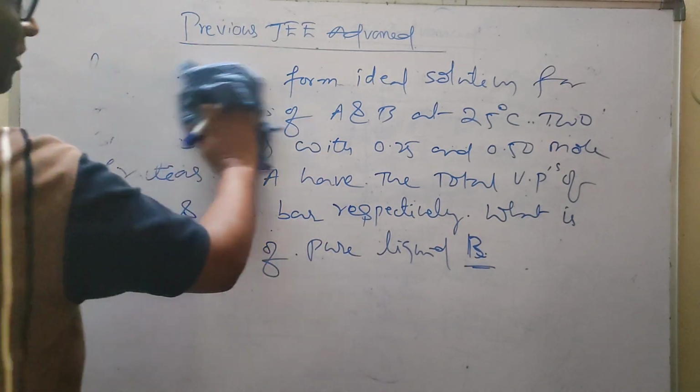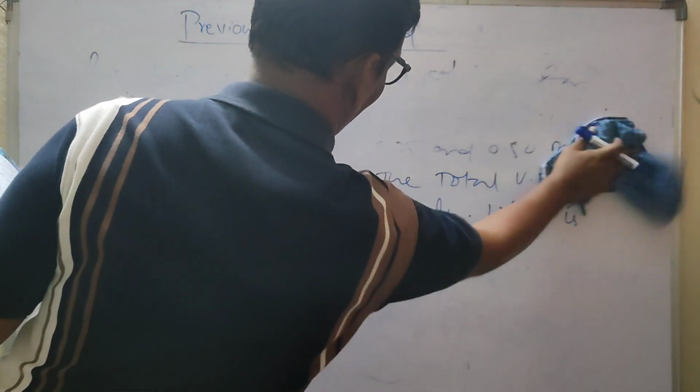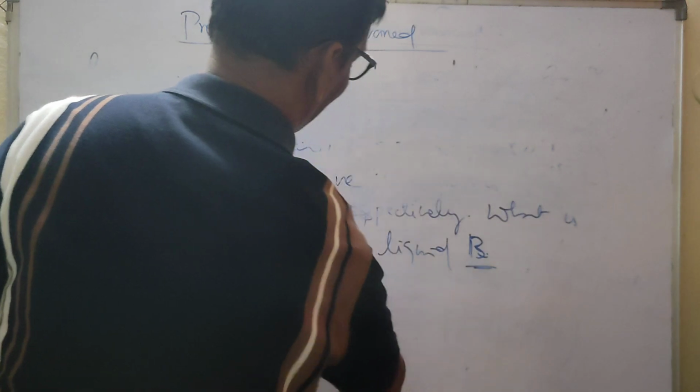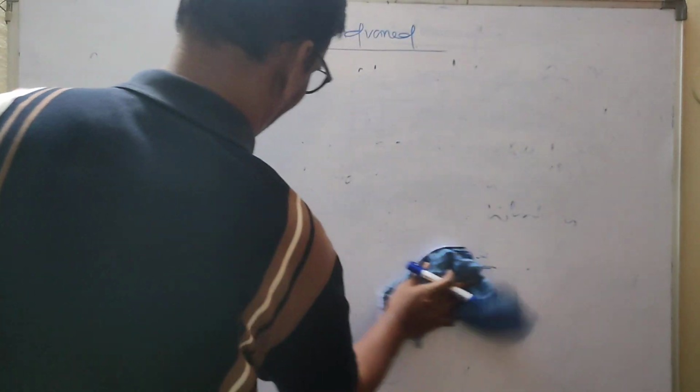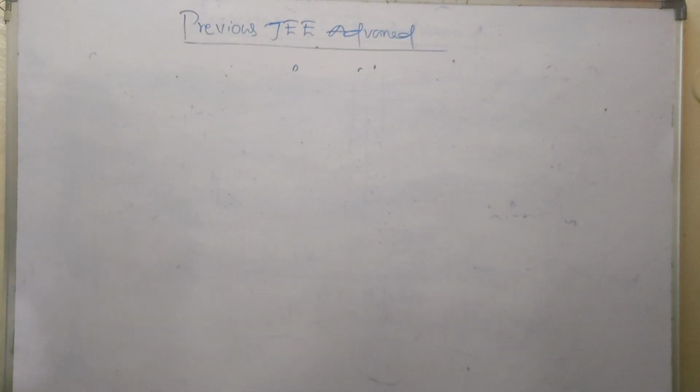Just now we discussed about the Raoult's law. Partial pressure PA is equal to P naught A XA, PB is equal to P naught B XB, like that we discussed already. See, I am writing like this, you just see here how to do this.